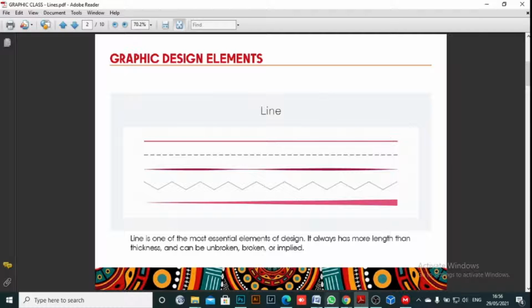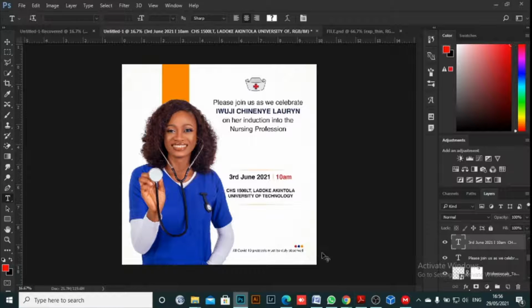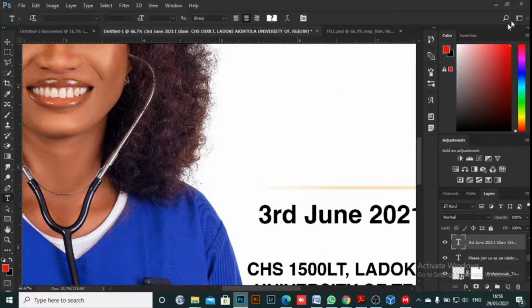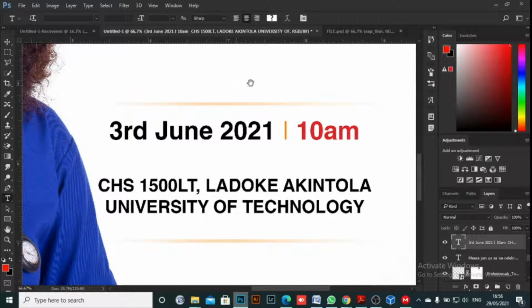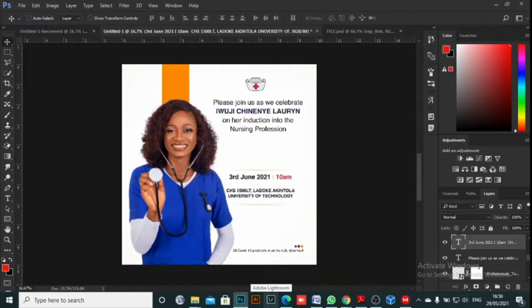If you look at this, let me zoom in so we can all see properly. Now this is a line separating this element from this element. So this is one element in the design.